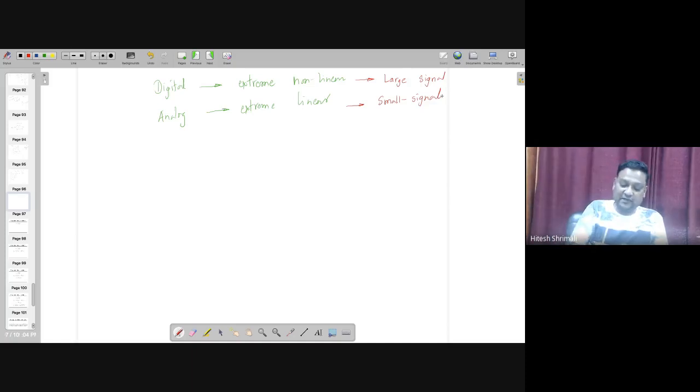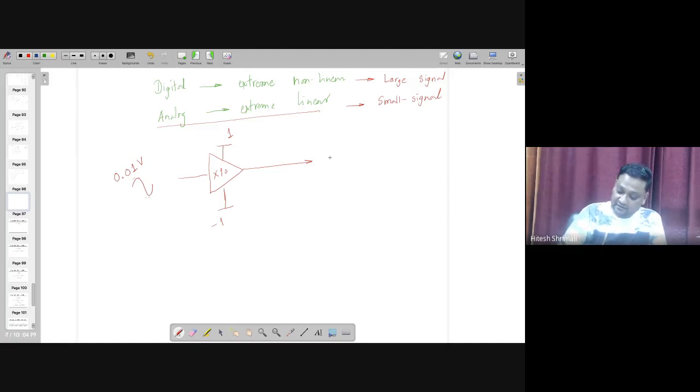Now let's assume that we are talking about analog and there is an amplifier whose gain is around, let's say, 10, and whose supply voltage is minus VDD and plus VDD, which is plus 1 and minus 1. Now let's assume that I am applying as input a 0.01 volt sine wave, so up and down 0.01. At the output, I can see that the output will be going from 0.1 to minus 0.1, no problem.